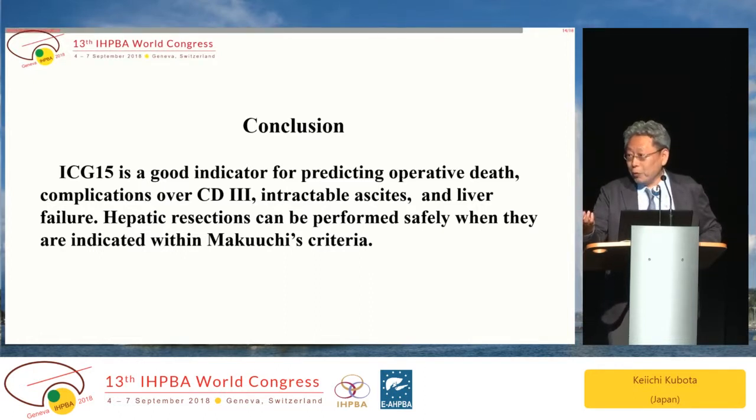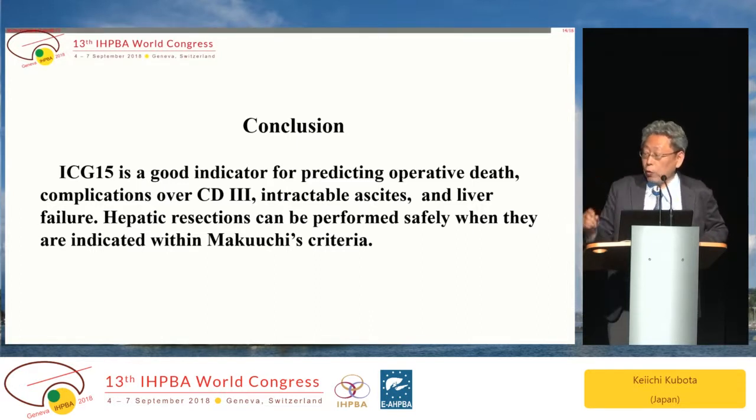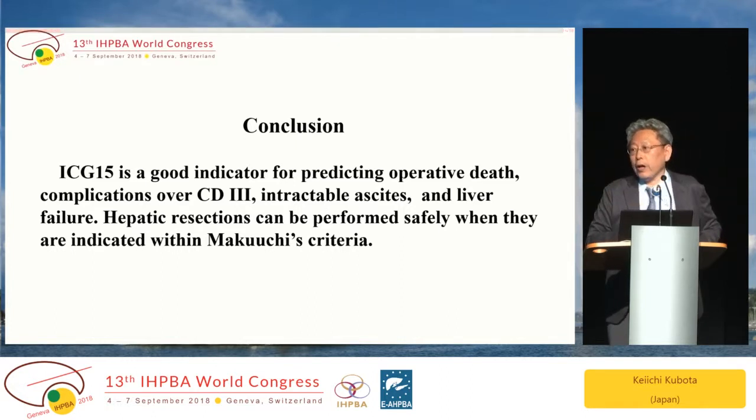Albumin level? Yes. But the best indicator, to my mind, is ICG-15. Of course, in some patients, ICG-15 is not reliable. For example, in a patient with a paraesophageal collateral vein or splenorenal shunt, the value is not reliable. But in most patients, the value is reliable. Okay.